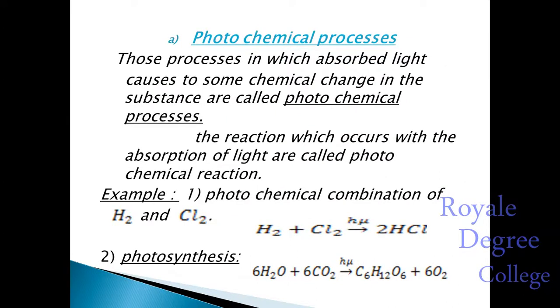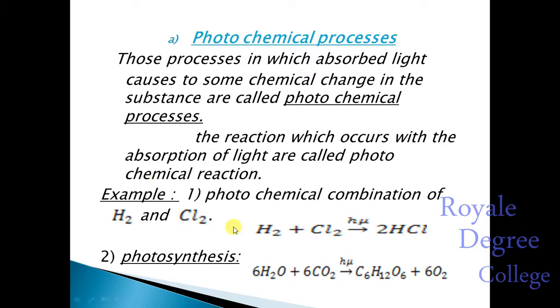First of all, we'll talk about photochemical processes. Those processes in which the absorbed light causes some chemical change in the substance are called photochemical processes. The reactions which occur with the absorption of light are called photochemical reactions. Here you can see the example, photochemical combination of hydrogen and chlorine.